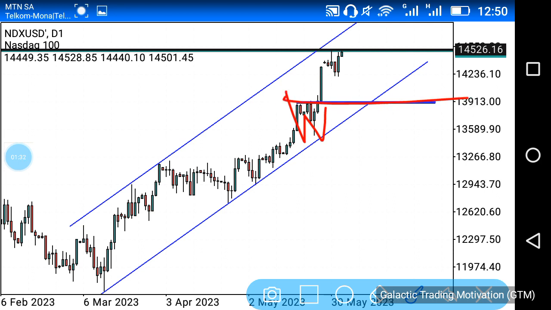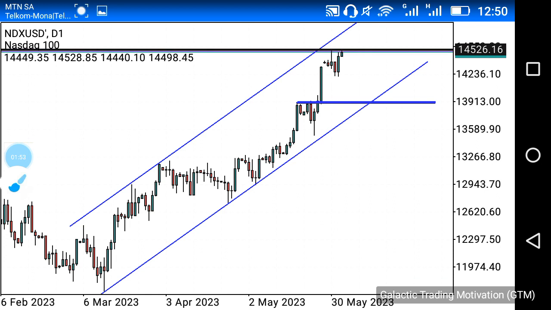Number three, we have price breaking to the upside of that W structure. Number four, if it does happen, we would have price come back to the neckline to give it a test. And number five, we have the neckline aligning with both the 50% as well as the 61.8% Fibonacci retracement levels. So this would be a good area to be looking for those potential buying opportunities, right?